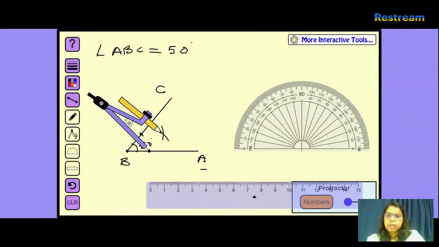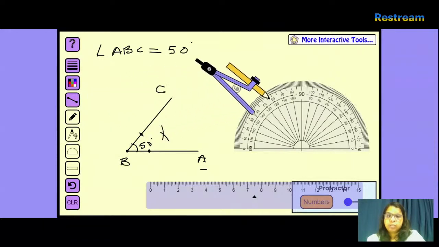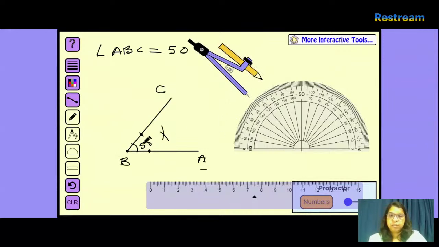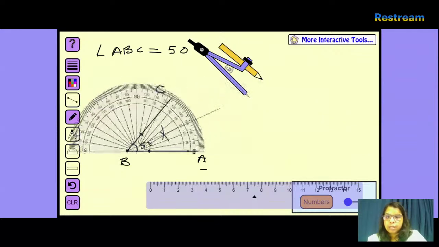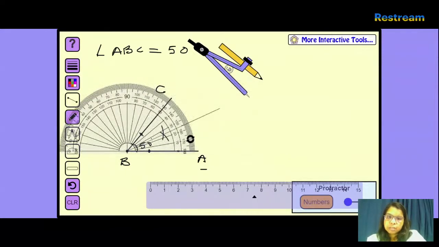Now my work is done. I don't need the compass anymore. I'm going to take my ruler and reduce the size because I need the precise angle, and I'm going to pass it through this. Now I can take my compass and I have to check.